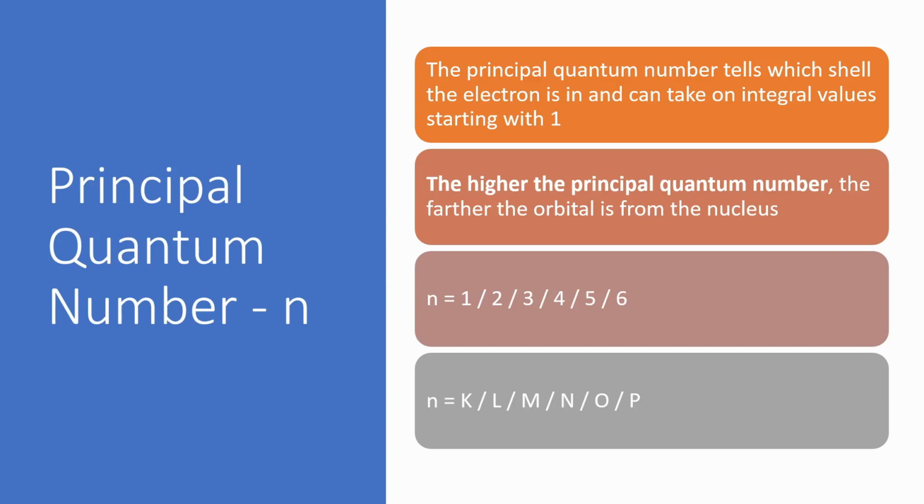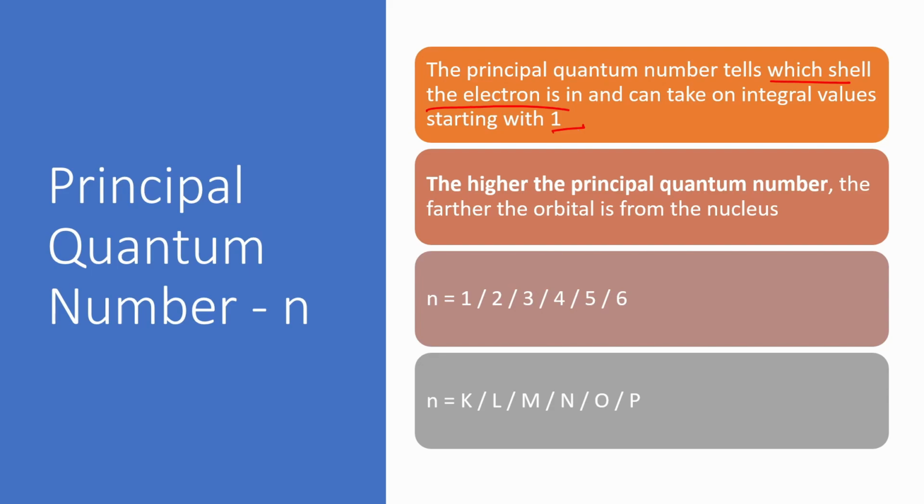The first quantum number is our principal quantum number. This actually originated from our Bohr model. The principal quantum number tells which shell the electron is in and can take on integral values starting with 1.